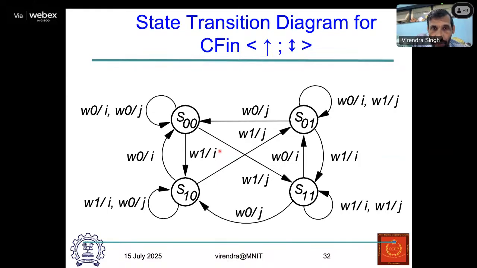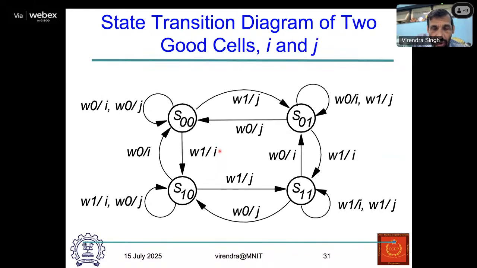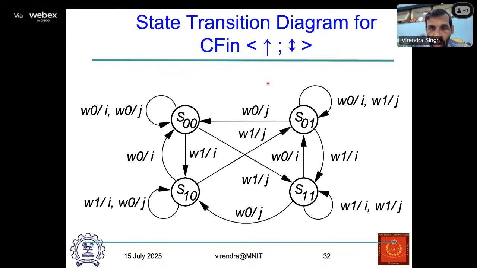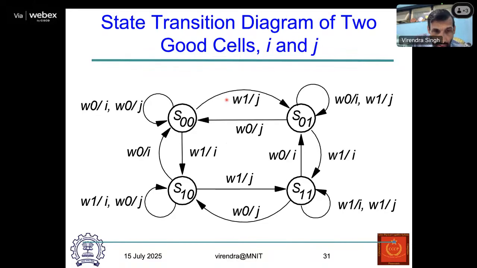However, say the first is the ith cell, the second is the jth cell. Now when you are writing 1 into the jth cell, this will go from 0 0 to 0 1.